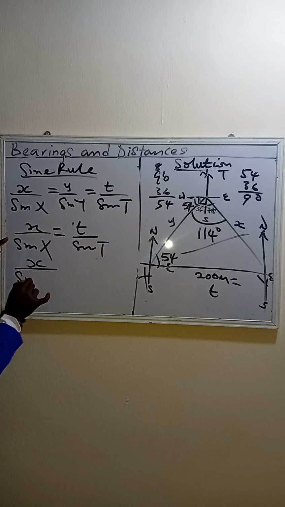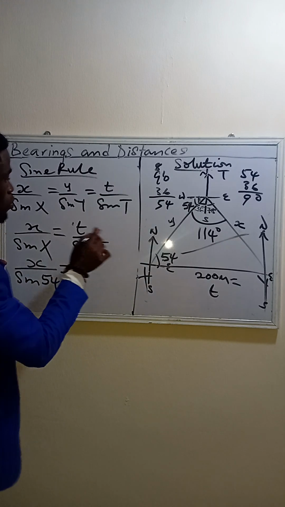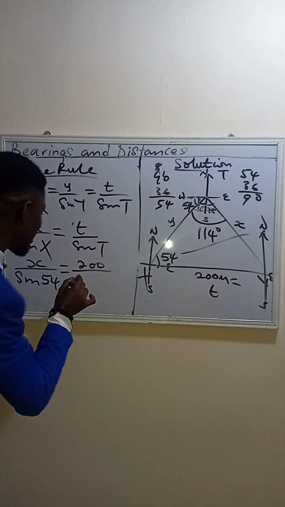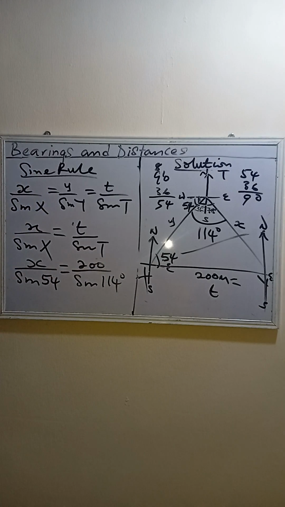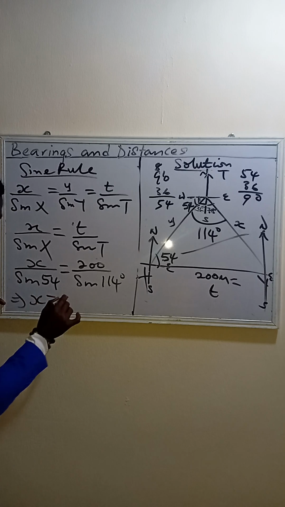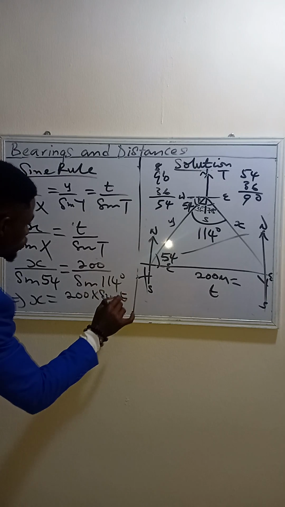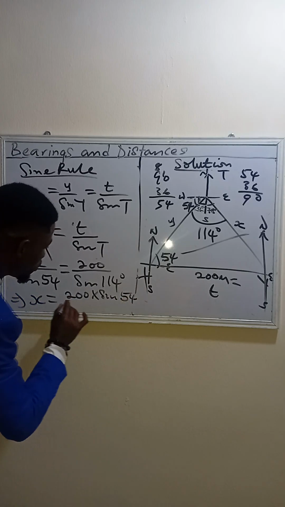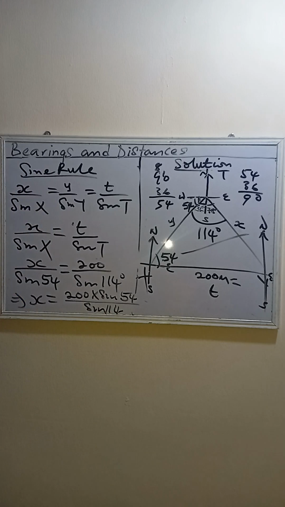Then we have sine capital S, which is 54, equals t, which is 200, over sine capital T, which is 114. When you cross multiply, this gives you x equals 200 times sine 54 over sine 114.